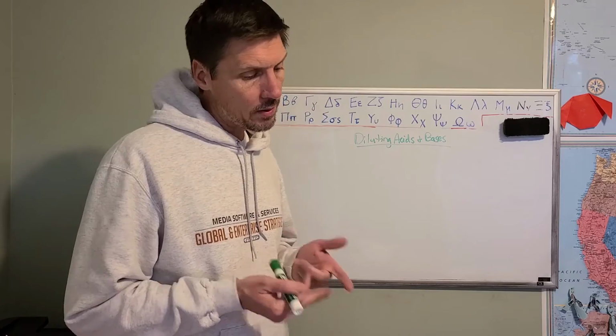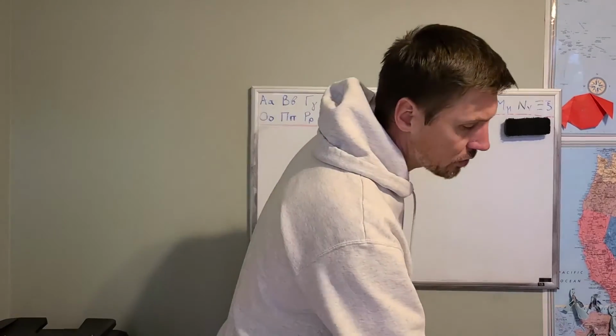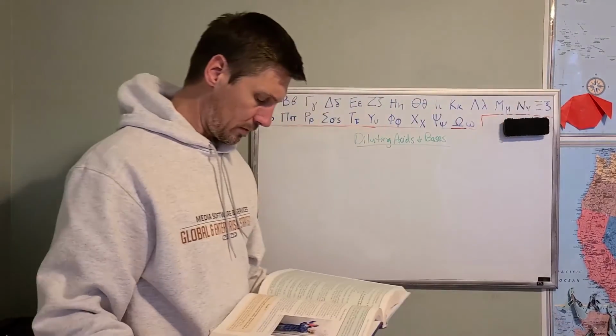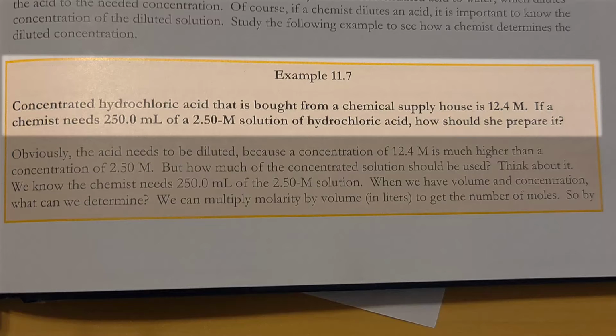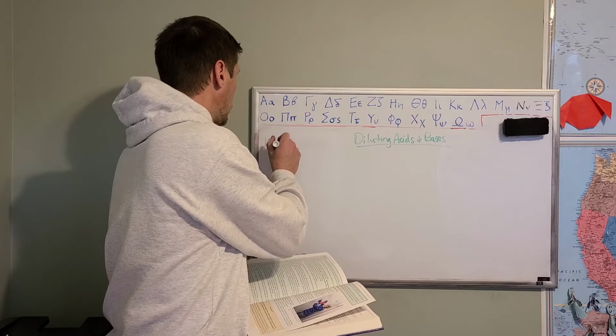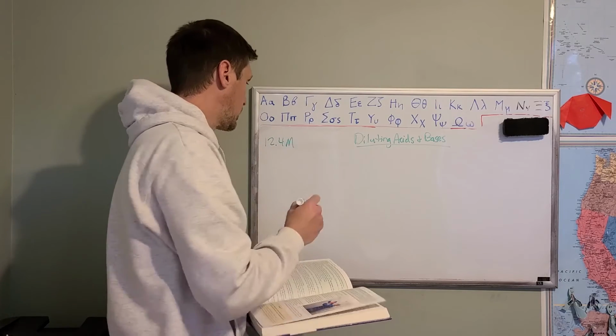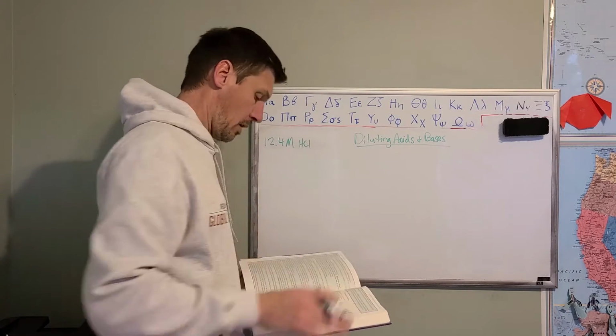All right, so let's do an example to understand how this works, and it's example 11.7. It says that concentrated hydrochloric acid is bought from a chemical supply house that has a 12.4 molarity solution of HCl.